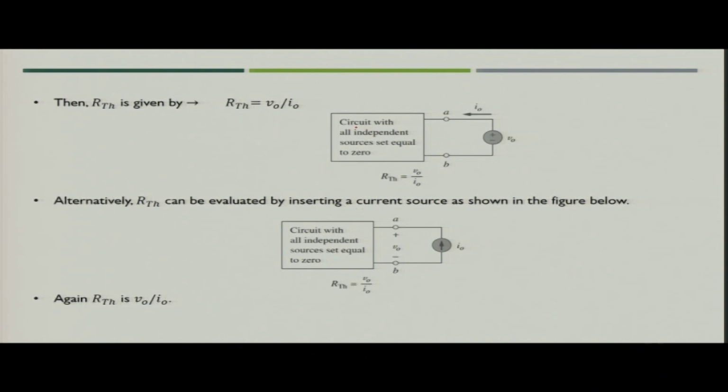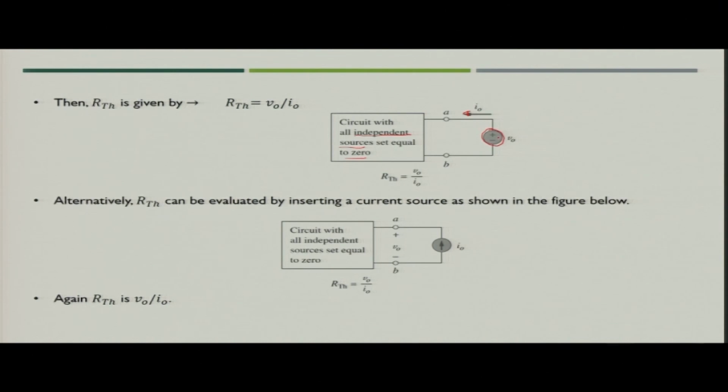Here the circuit with all independent sources equal to 0 is present and the dependent sources are also available. So, in that case you cannot simply measure the equivalent resistance; you have to apply one voltage V naught across the terminals A B and measure the value of the current I naught.